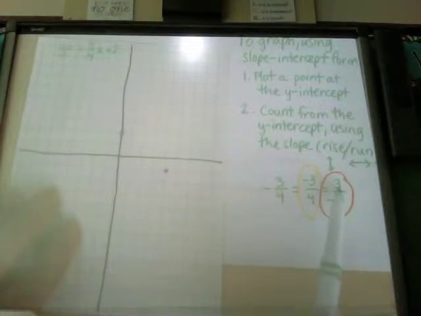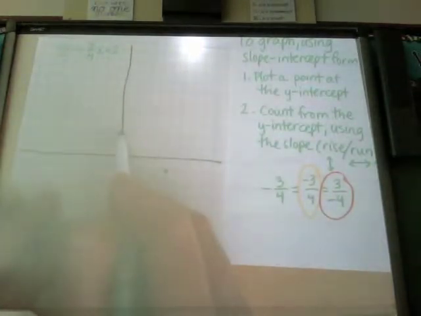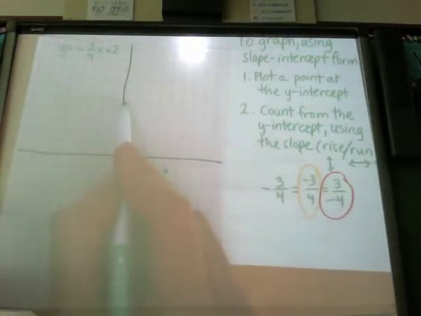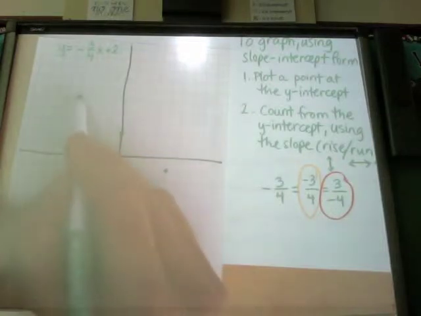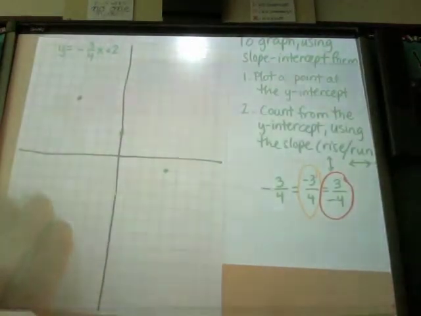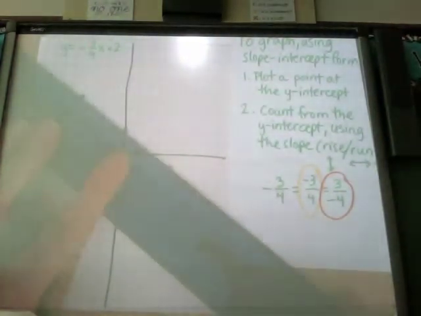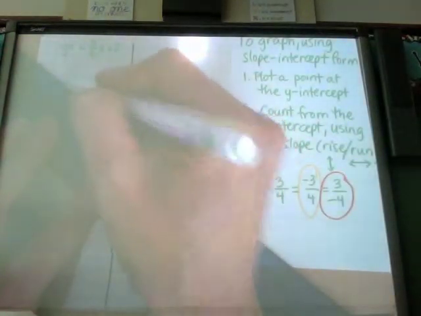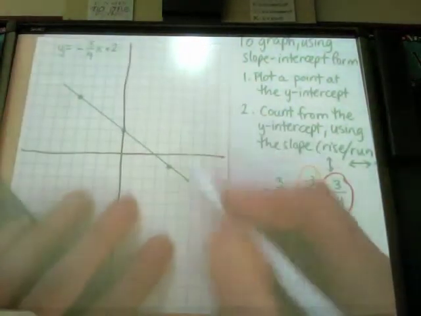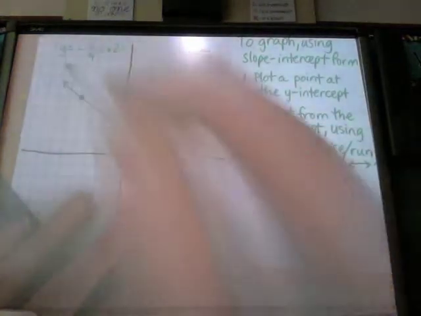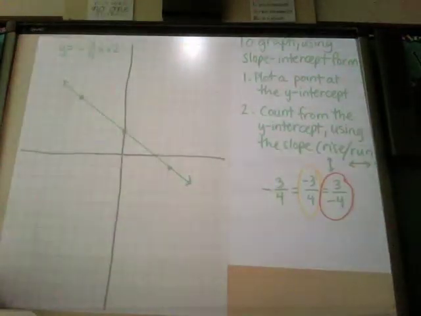This one says a rise of positive 3, which means I'm going to go up 1, 2, 3, but then the run is a negative 4, so after I go up positive 3, I'm going to go horizontally 1, 2, 3, 4, and you see my dots line up, making a straight line. So with a negative, you can have the negative sign either in the numerator or the denominator. You just have to be careful as you count your rise and your run.